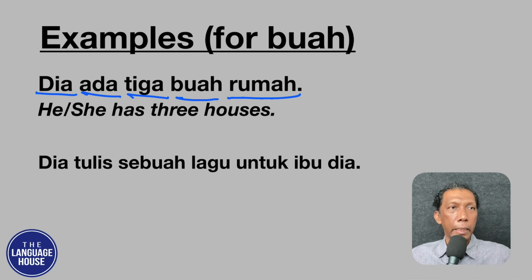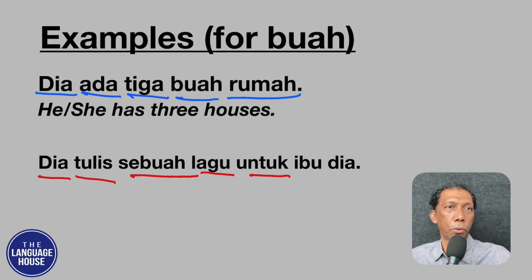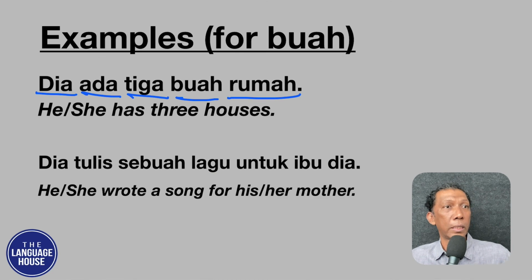And this one, dia tulis sebuah lagu untuk ibu dia. Dia tulis sebuah lagu untuk ibu dia, which basically means he or she wrote, because tulis is write, wrote. And then in Malay, sebuah lagu.